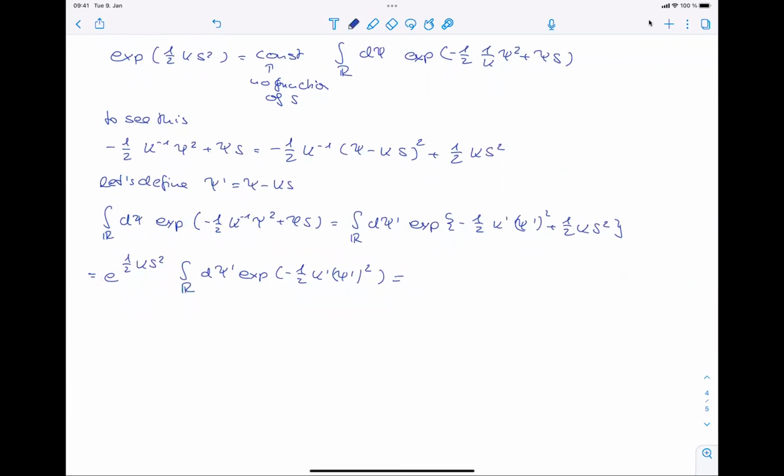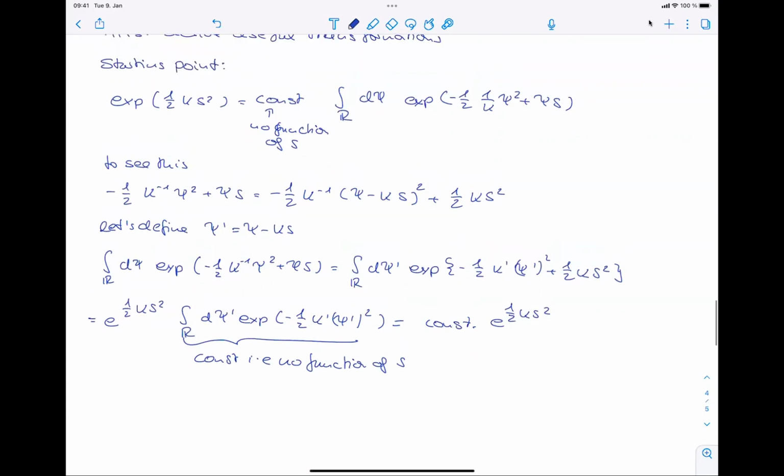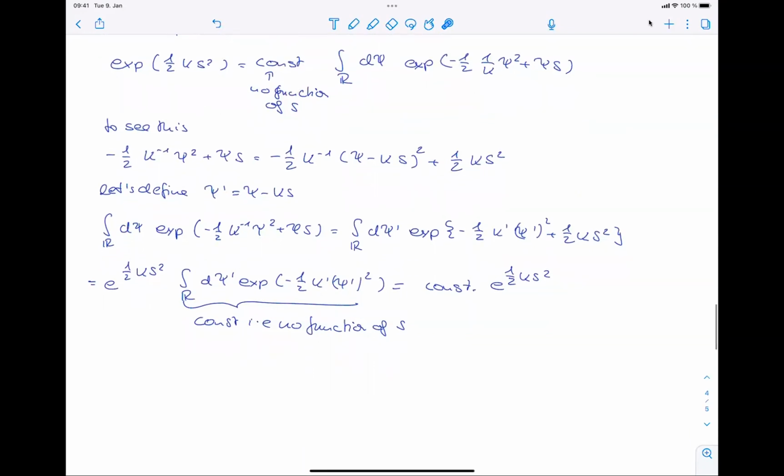So this is a constant, i.e. not a function of s, times e to the half k s squared. Now we can identify that this is the factor on the left-hand side, this is a constant, and this is what we have on the right-hand side.